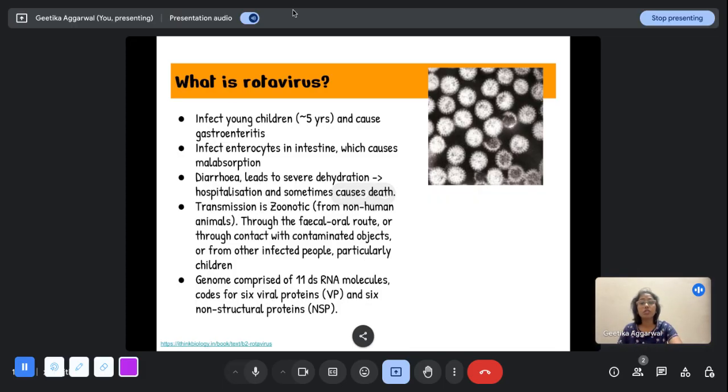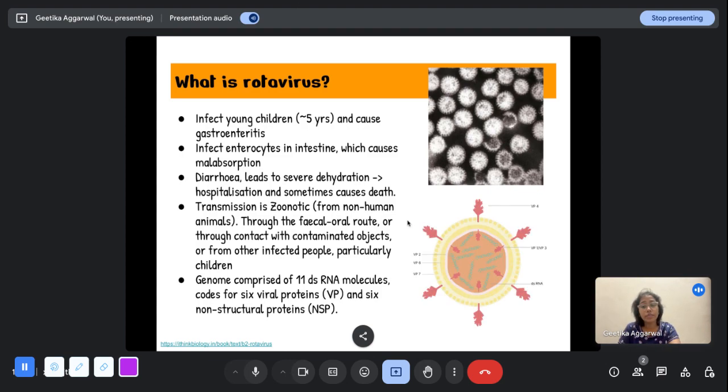And so this is what rotavirus looks like, and the name is rotavirus because of the appearance. It looks like a wheel, with all of these edges, that is why the name rotavirus. And it comprises a genome which has 11 double stranded RNA strands. So 1, 2, 3, 4, 5, 6, 7, 8, 9, 10, 11.